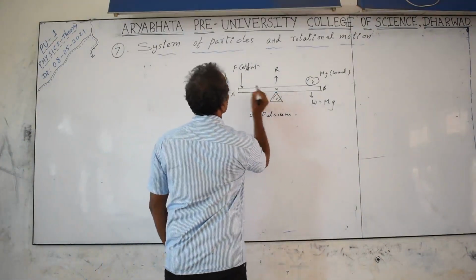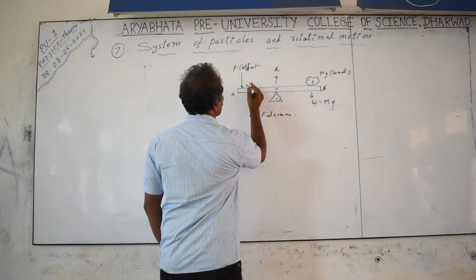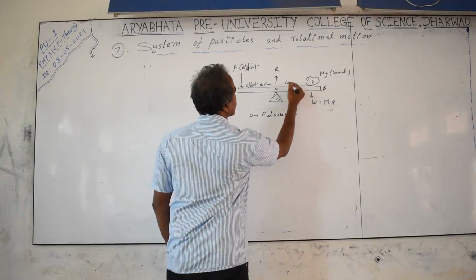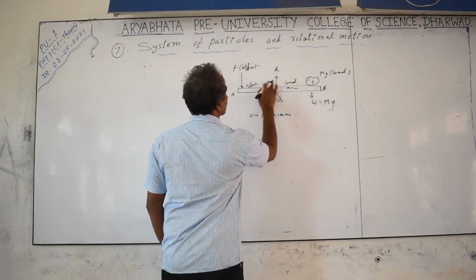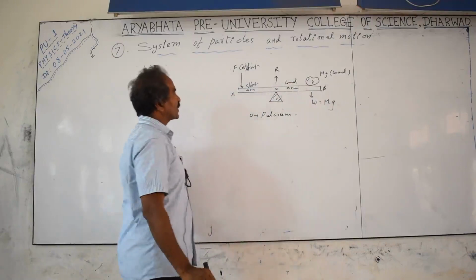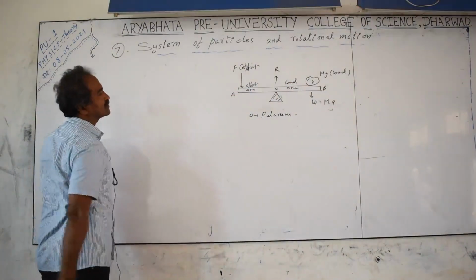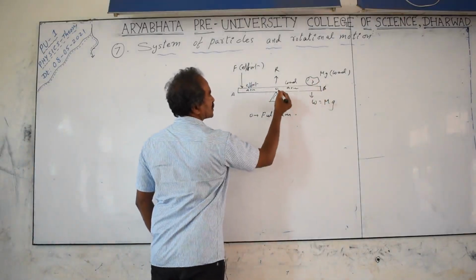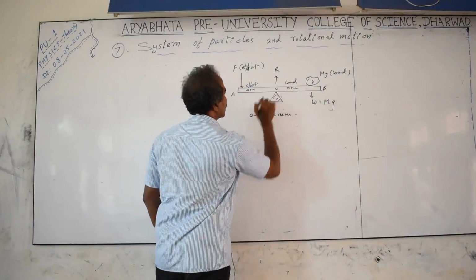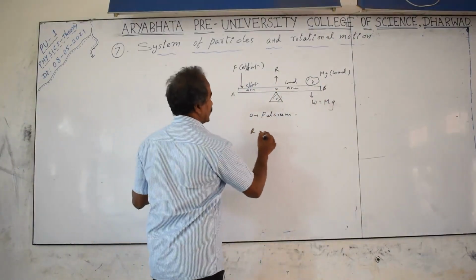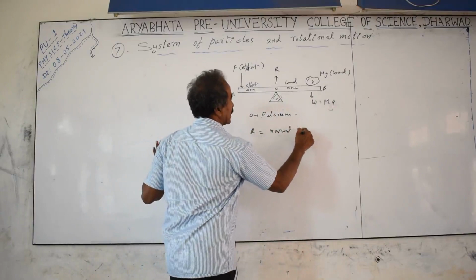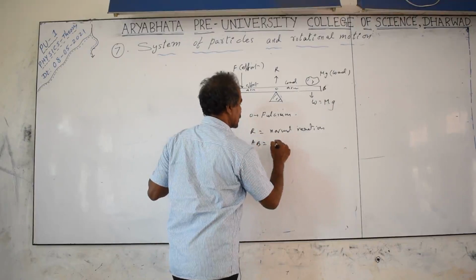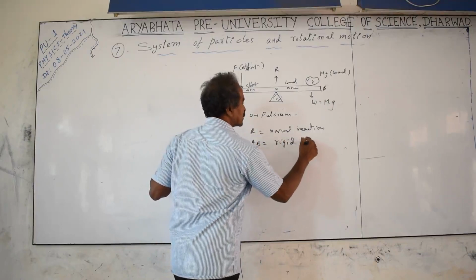The distance from the fulcrum to the effort is called the effort arm. The distance on the load side is called the load arm. These are the 3 parts: the effort, the load you are lifting, and the fulcrum. R is the normal reaction here, and AB is a rigid light rod.